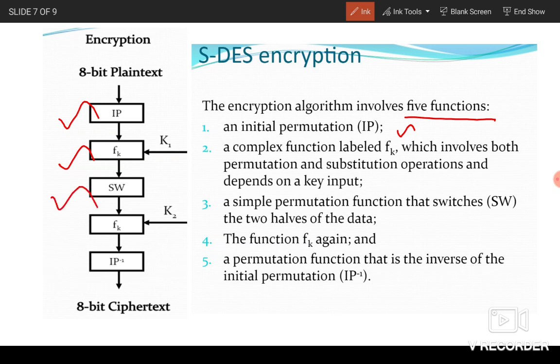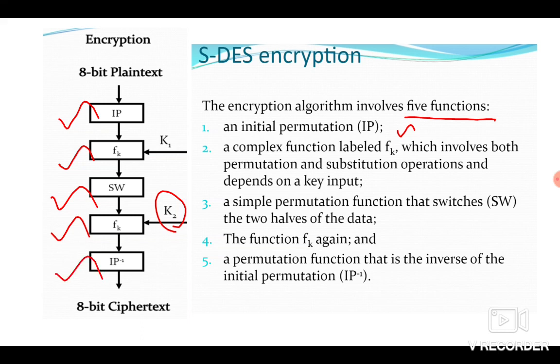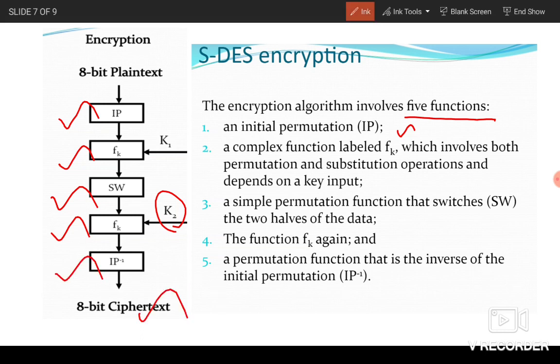Then the switch function, a single permutation that switches the two halves of the data, that is, it exchanges the left half with the right half and the right half with the left half. Then the same function fk is applied again but with a different key, and finally we have the inverse initial permutation and we get the 8-bit ciphertext block.